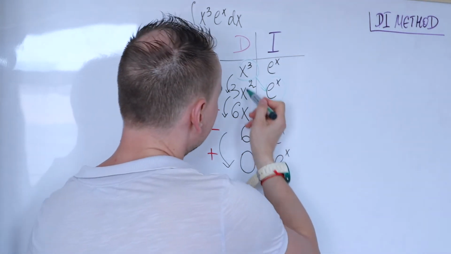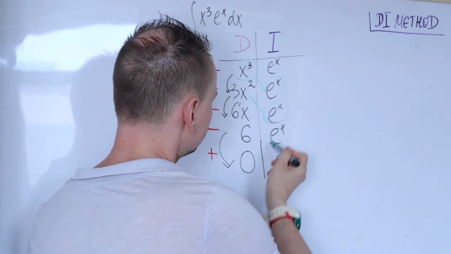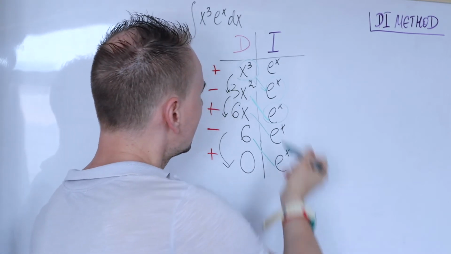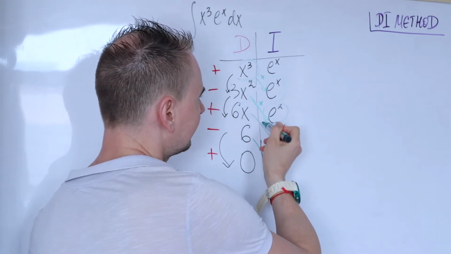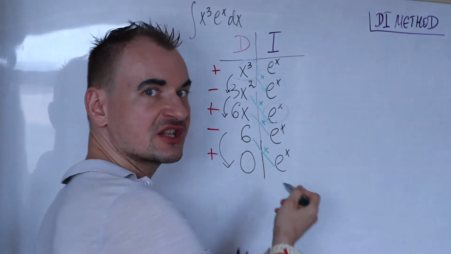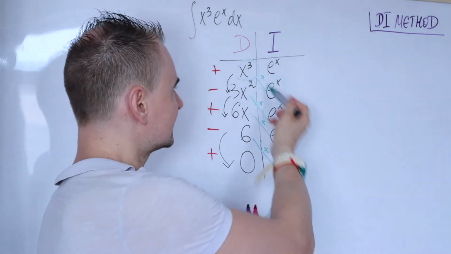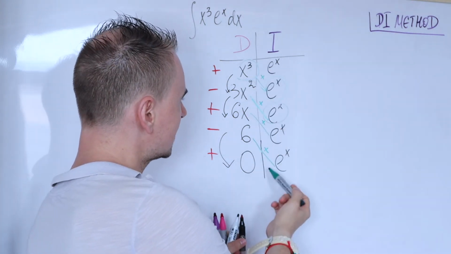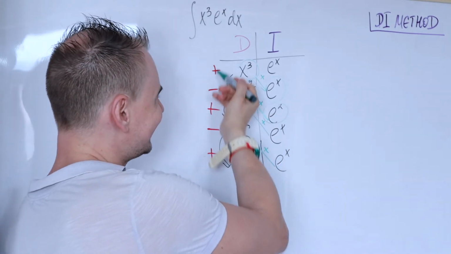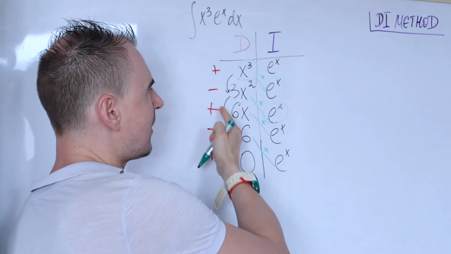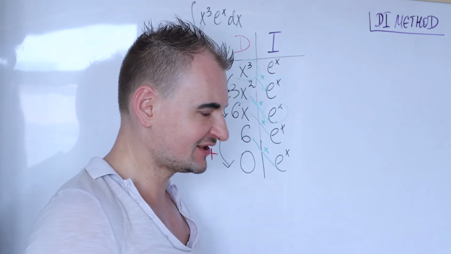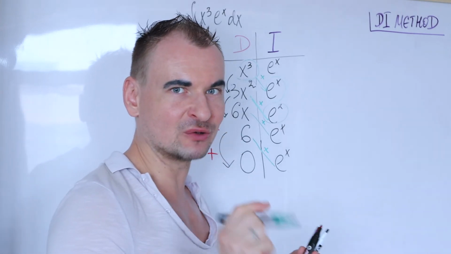Again, diagonal. This term and this term, these two and these two. And we're going to just multiply them. Multiply these diagonals, diagonally, like across, and they're going with these signs plus or minus according to the row, and we're ready to write out the final answer, the final integral.